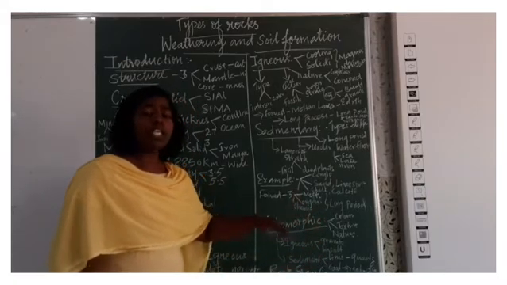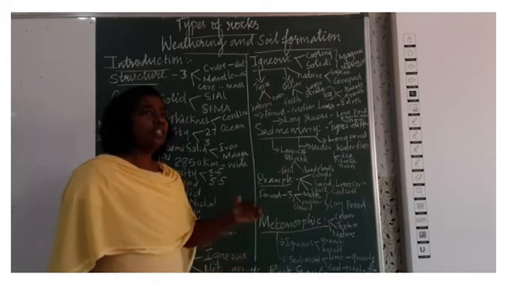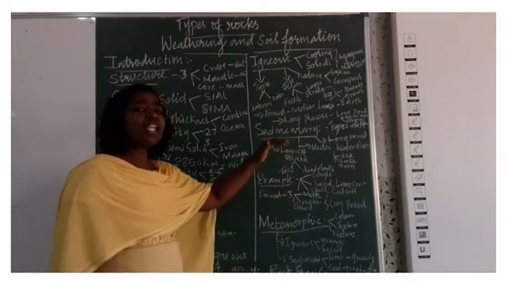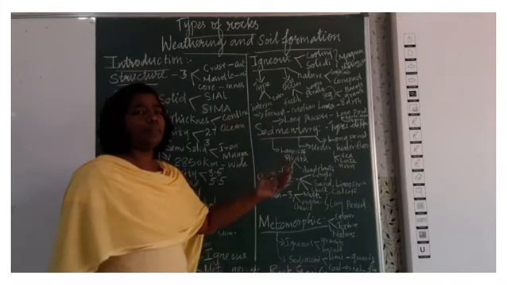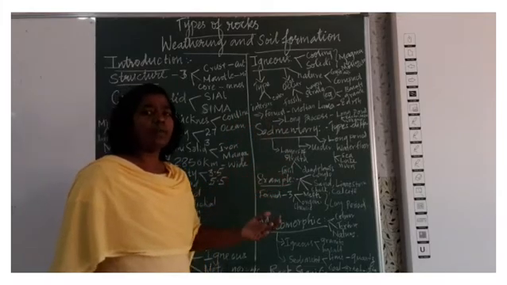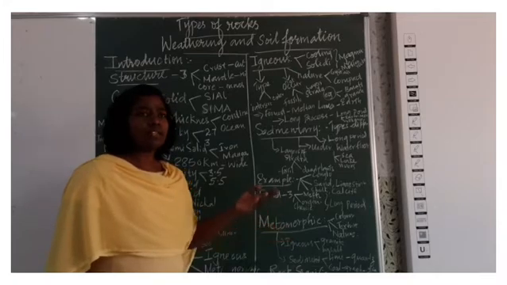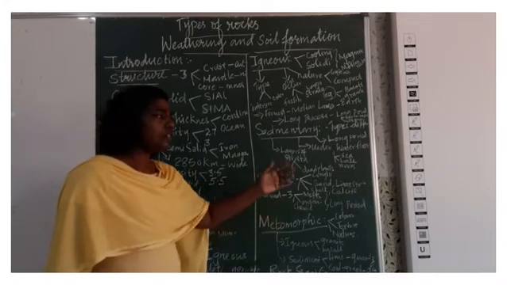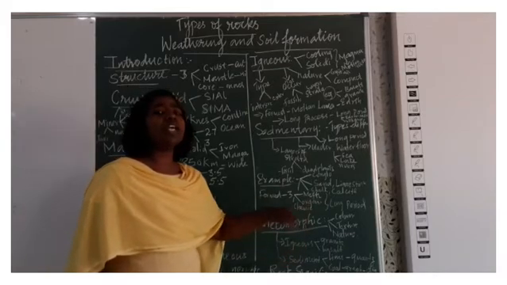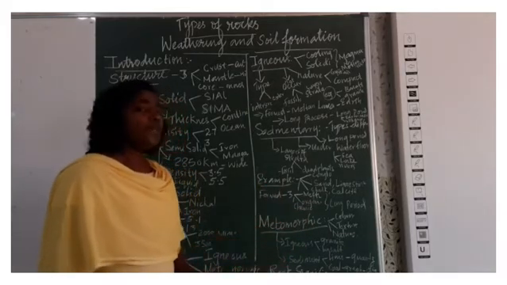Okay, because in metamorphism what happens? In metamorphism, already existing rocks take another form. Okay, when it turns into another form, the color changes, and the texture and nature also change. Okay, because metamorphism takes a long process to occur.